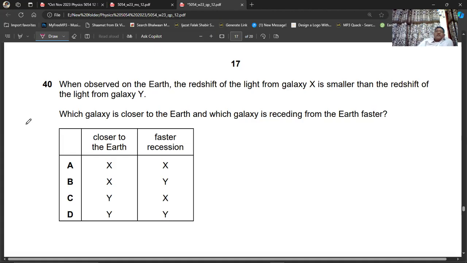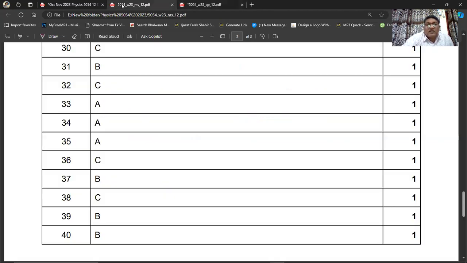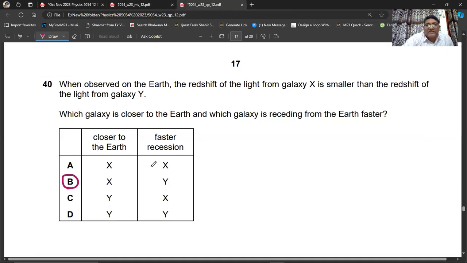This is called the redshift. So the sources whose light has more redshift are further away from the observer. So the one which is closer to the Earth will have less redshift, and the one which is going away will have larger redshift. So B is the choice. B is the right choice, sir.